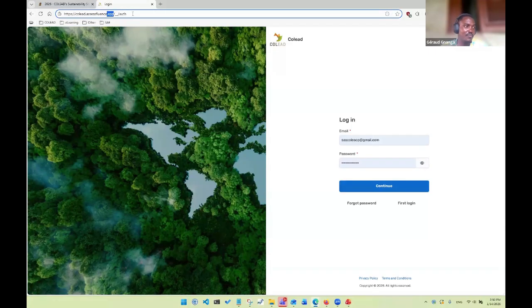So if you are still on the previous platform ending in .com and you wait for any campaign, you won't see it because it's not the same platform. This means you will have to create or set up another account on this platform to be able to follow the campaign.